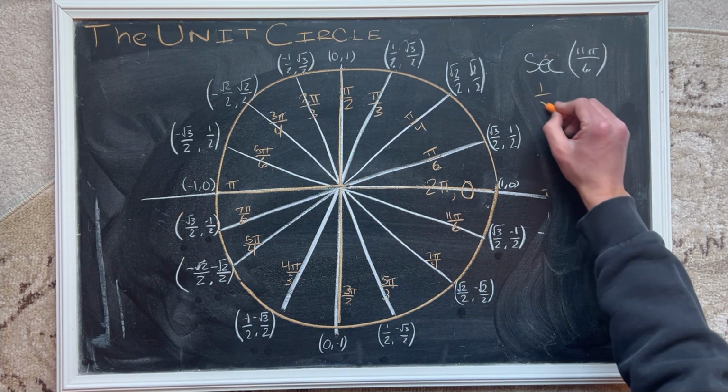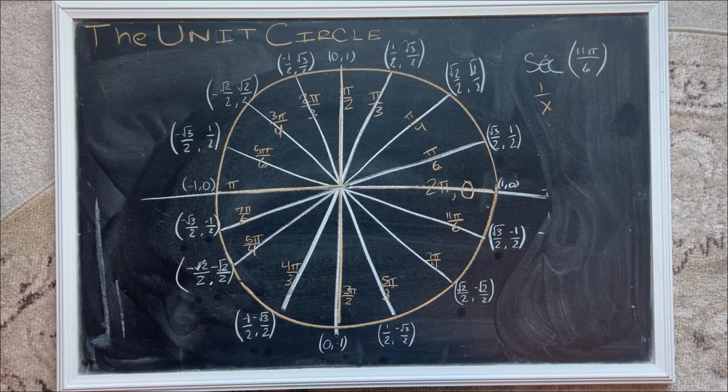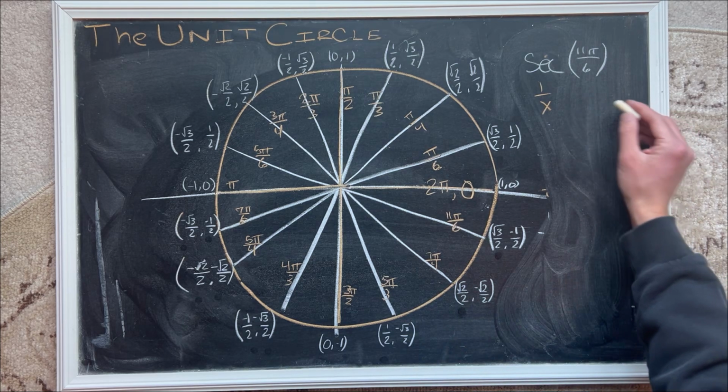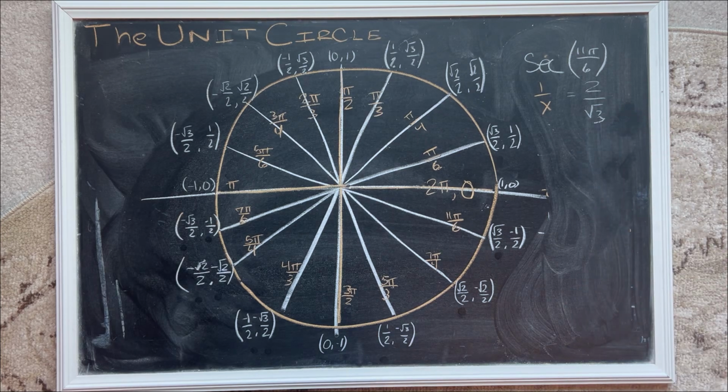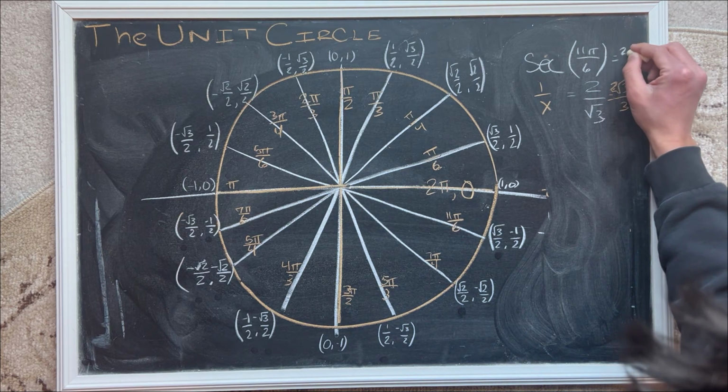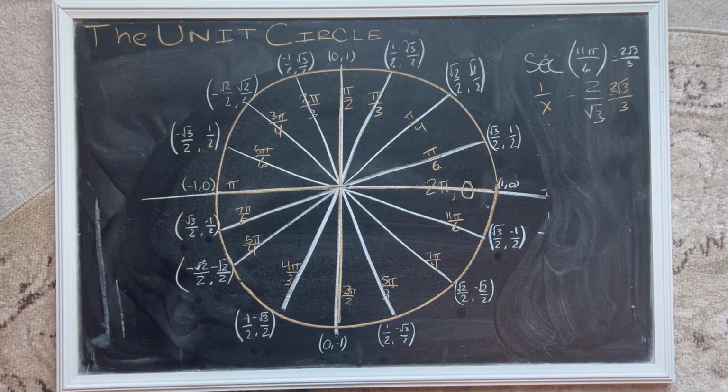So it's equal to 1 over x. So our x value at 11 pi over 6 is root 3 over 2. So we need to take the reciprocal of root 3 over 2, which is 2 over root 3. All right, now let's rationalize. So that is our answer. It's just 2 root 3 over 3.